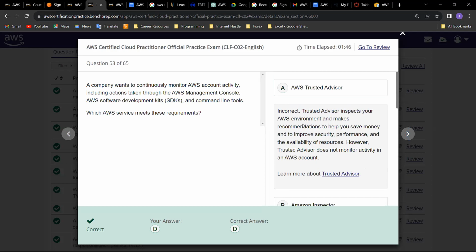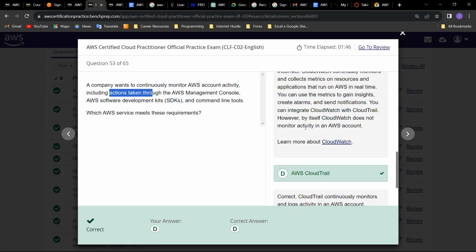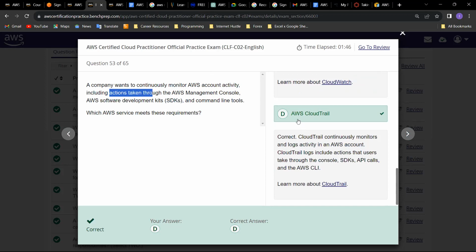53. A company wants to continuously monitor AWS account activity, including actions taken through the AWS Management Console, software development kits, and the command line tools. Immediately you see account activity, actions taken, it means it's user focused. And what we use to monitor that is CloudTrail.